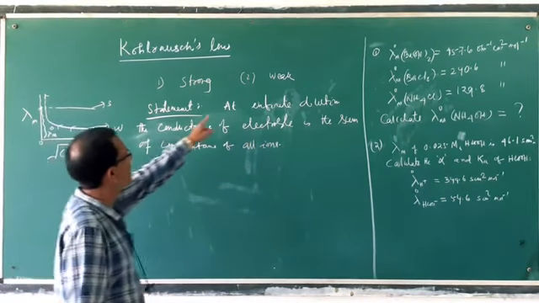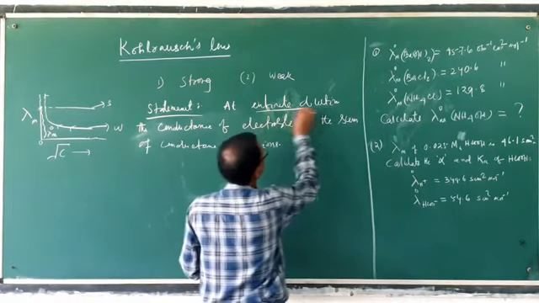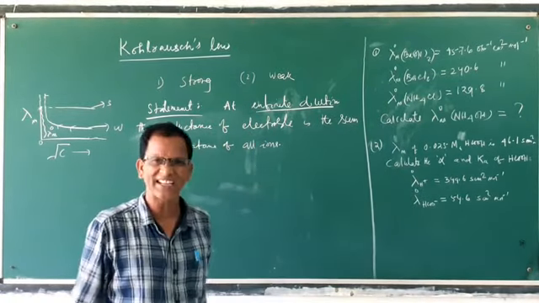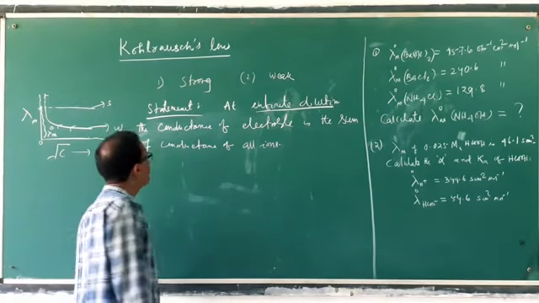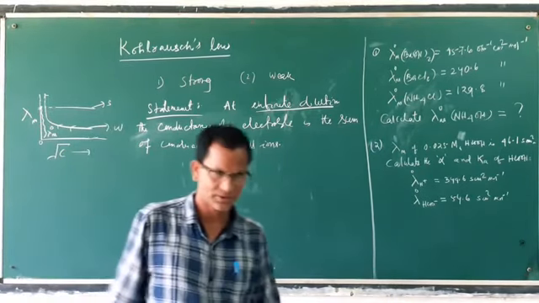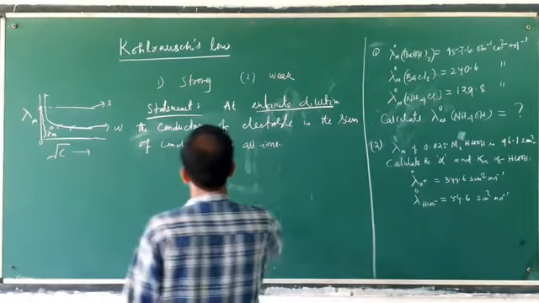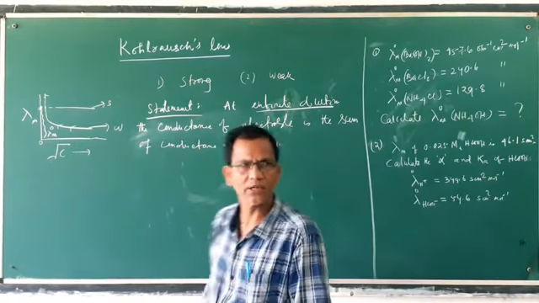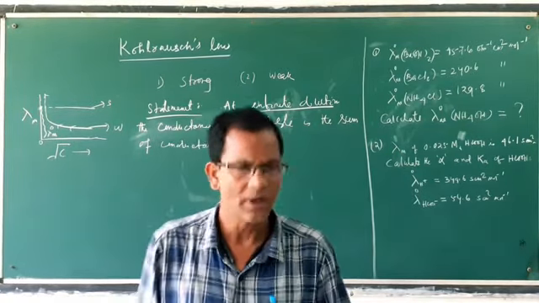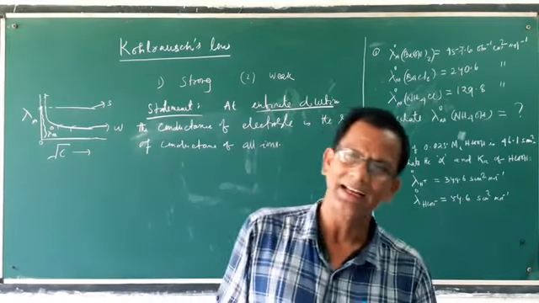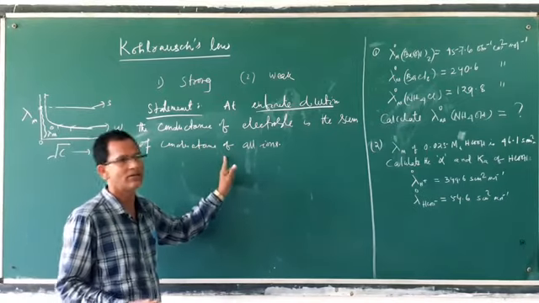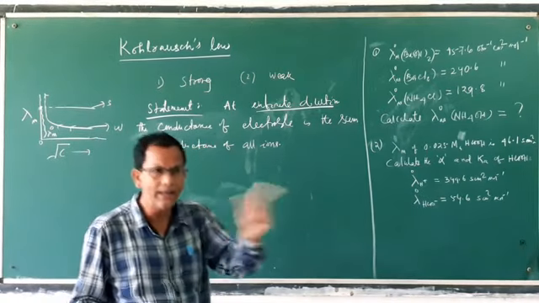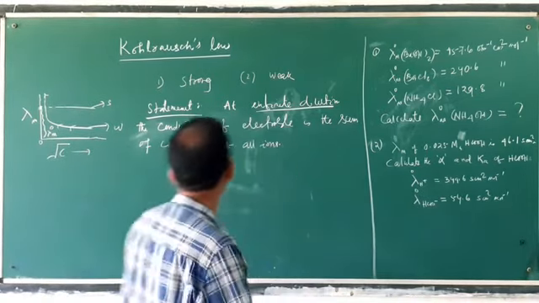At infinite dilution means dilution is excess. The conductance of the electrolyte is the sum of the conductance of all ions, and the conductance of a particular ion, that is the cation, is independent of the conductance of the anion. Both conductances are independent of each other.